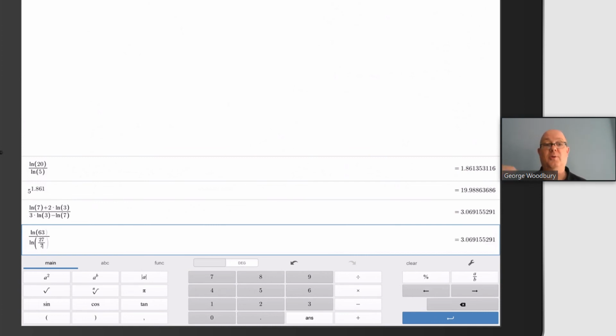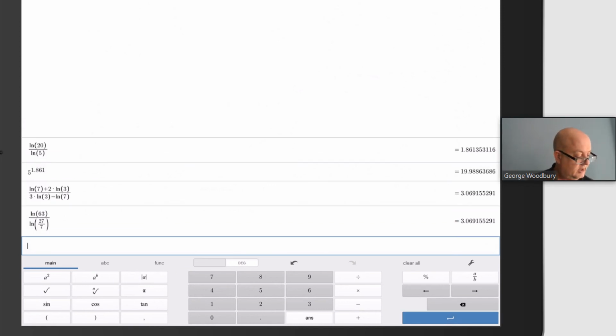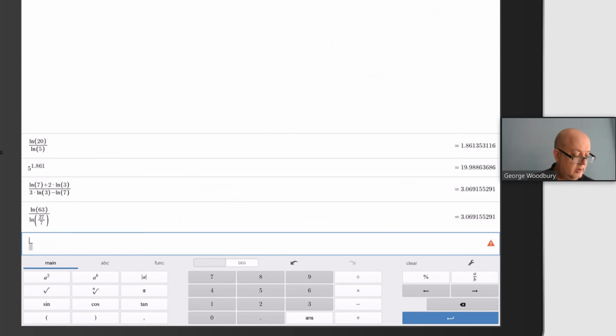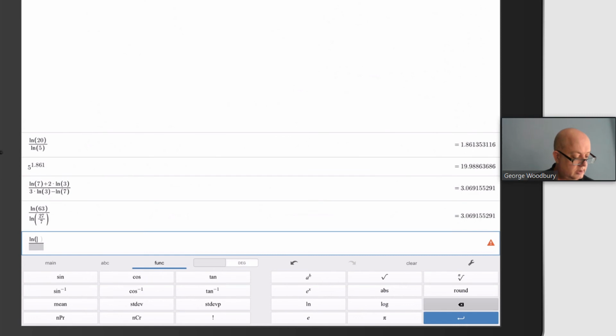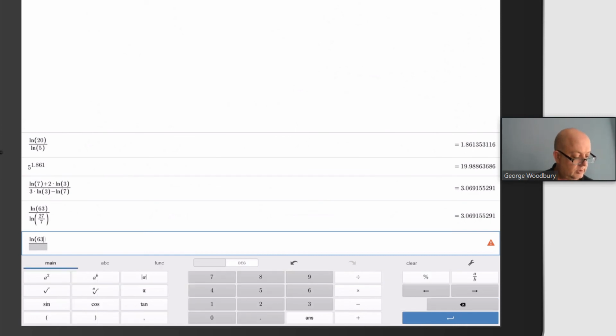In that numerator, there were definitely some pluses. It's easier to do natural log of 63 than it is to do natural log of 7 plus 2 times natural log of 3. The denominator, at the very worst, what we could have done is this. Fraction, function, natural log, main 63.